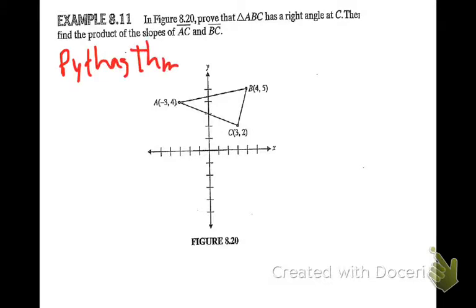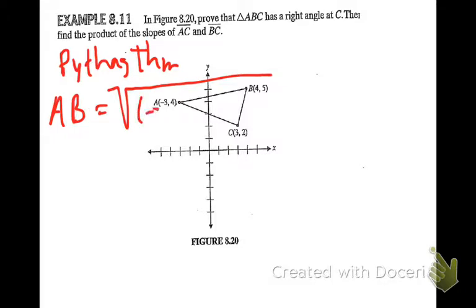So let's do the distance from A to B. A to B is equal to the square root of negative 3 minus 4 squared plus 4 minus 5 squared.